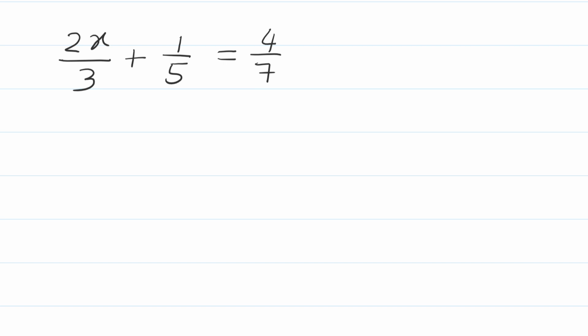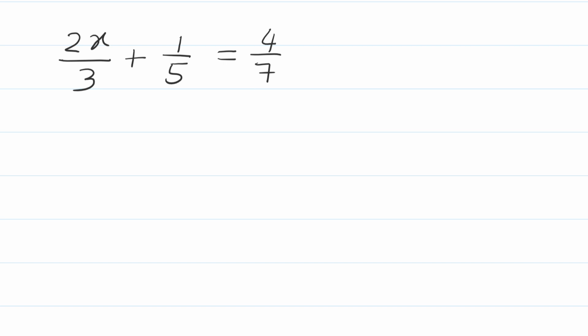Now we will solve the equation 2x upon 3 plus 1 by 5 is equal to 4 by 7. While solving this equation, I'll explain the additive inverse property, additive identity, multiplicative inverse and multiplicative identity. We will use all the properties.